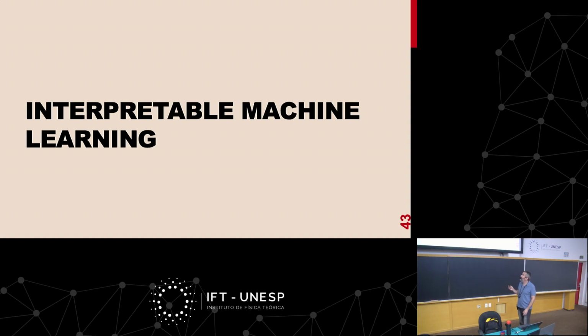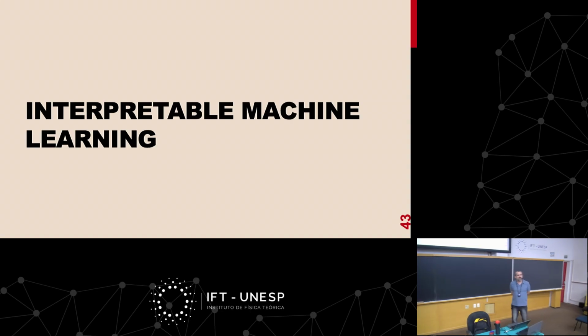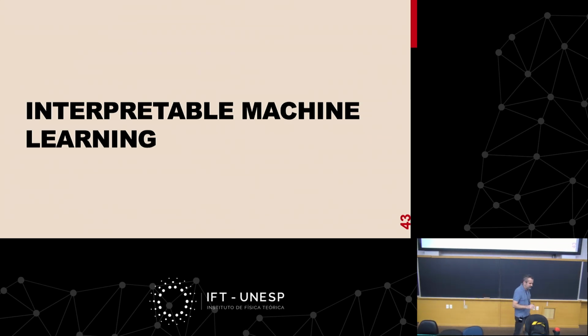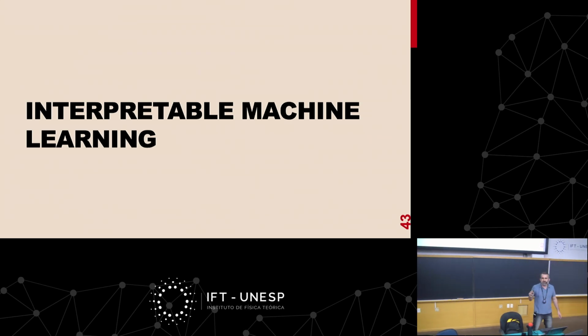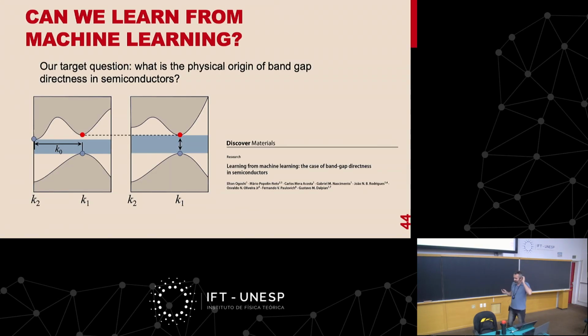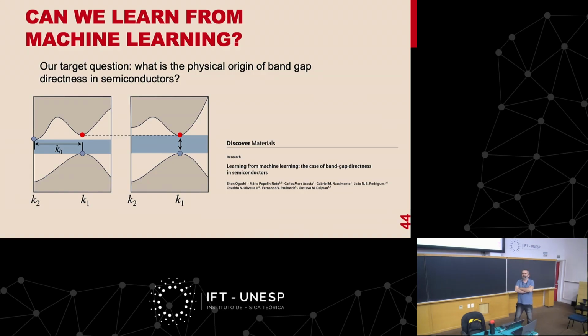Oh, let me rush on. So this is one part that I think is the coolest one, although it's probably the hardest one to work with. It's called interpretable machine learning, and the idea is we would like to learn new physics from data, okay?